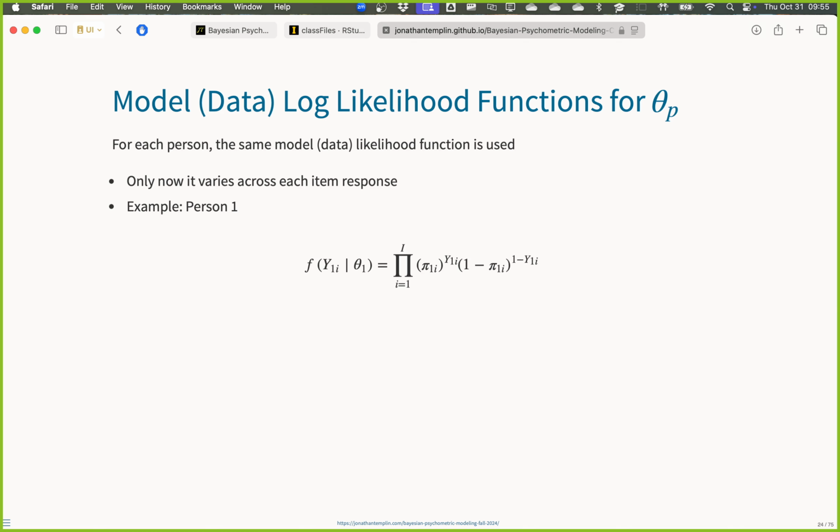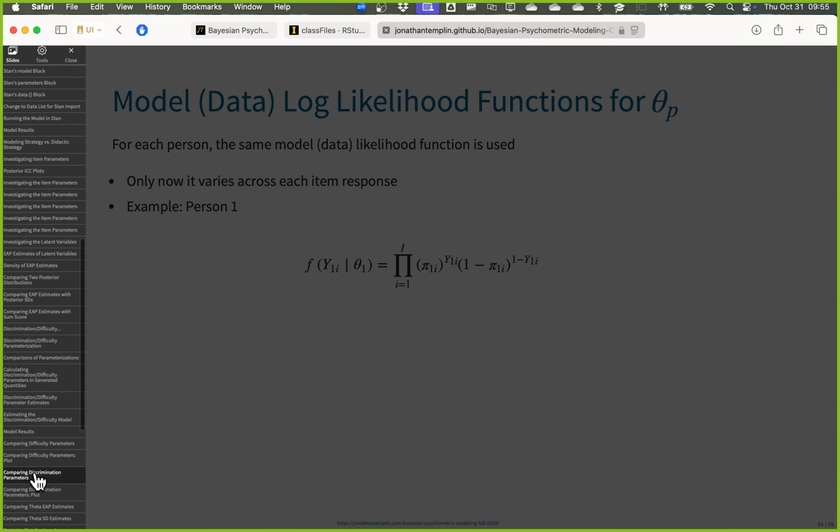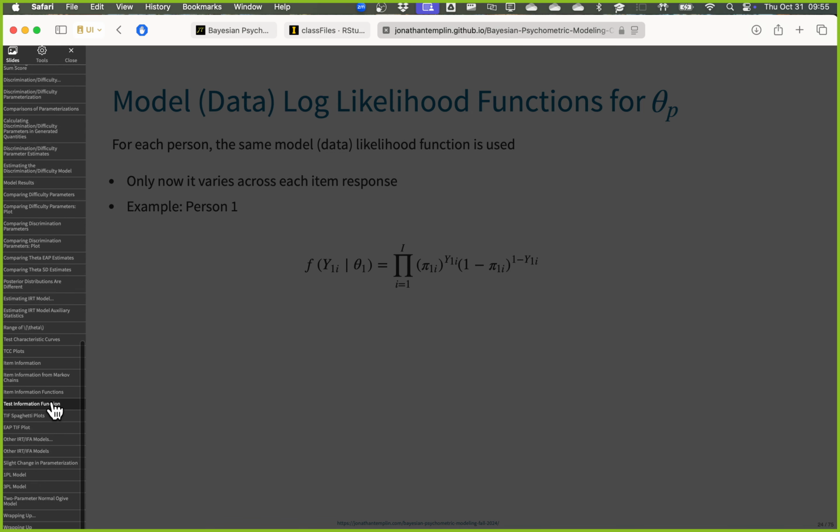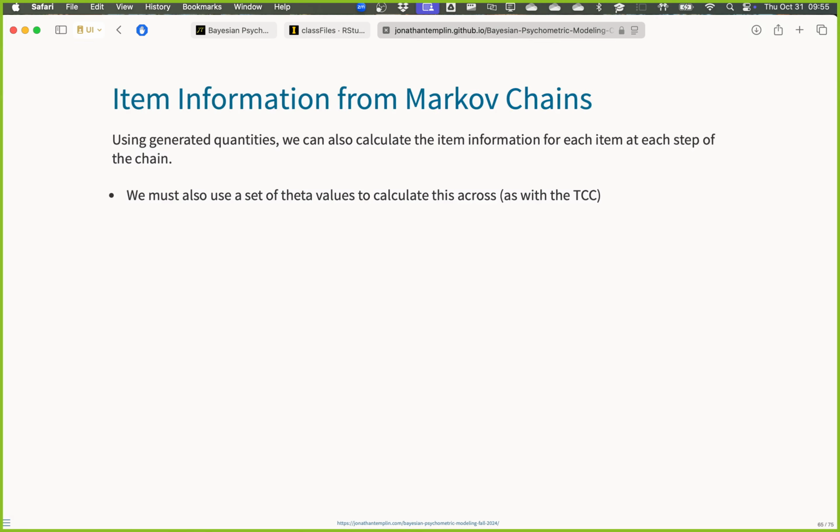However, what's missing from this equation in a Bayesian sense? We don't have a prior distribution on our items anymore. But basically the idea is, the item information function itself is what we derive for MAP estimates.